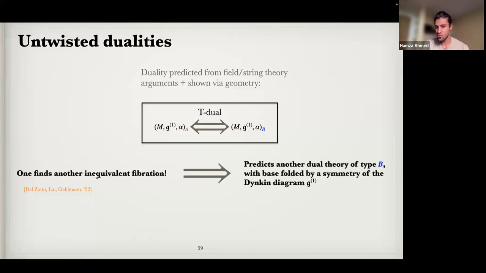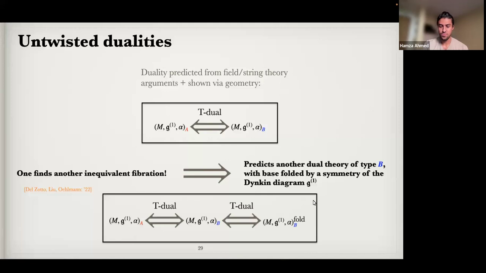There was no field theory or physics evidence for this kind of theory to exist, but they found this inequivalent fibration within the Calabi-Yau, and it satisfied everything that you needed from a field theory dual. It wasn't known in the physics, and we still don't understand its origins that deeply, but we know more about this dual now. And so now you can extend this duality chain by adding this extra folded B-type dual.